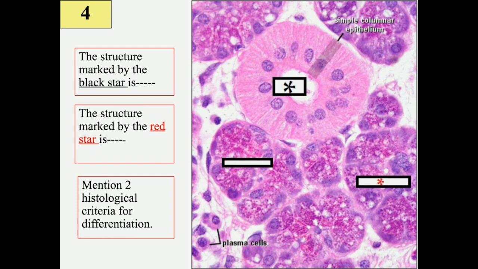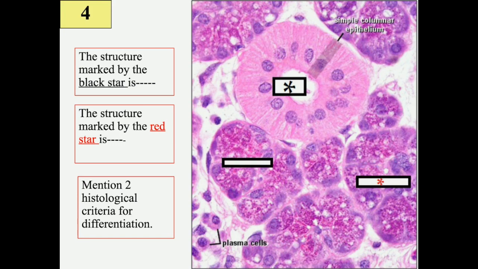The structure marked by the red star is the serous acinus. Mention two criteria for differentiation. Number one, the duct here has a wider lumen and a bigger size than the serous acinus. Number two, here we have striations at the base of the lining cells.